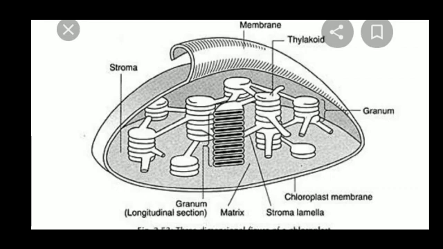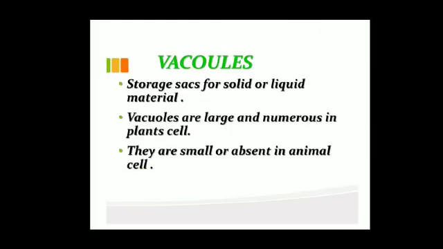Inside this stroma, there are bundles of granum where the pigment chlorophyll is present. The whole structure is called granum, and a single unit, the site for photosynthesis, is called thylakoid.